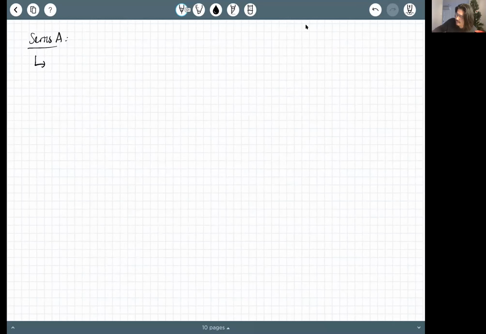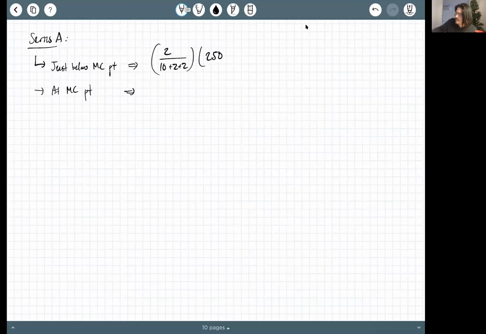Series A, just below mandatory conversion point versus at mandatory conversion point. So just below mandatory conversion point, Series A owns 2 million shares out of 14 million of 250 minus 20.